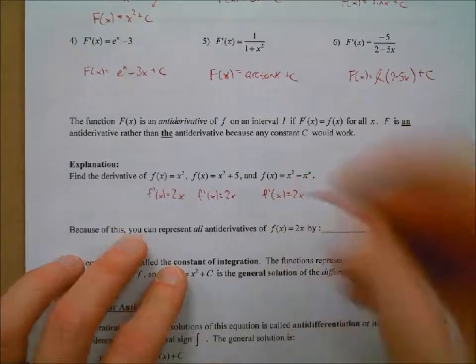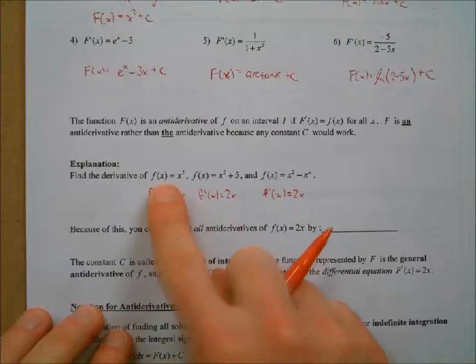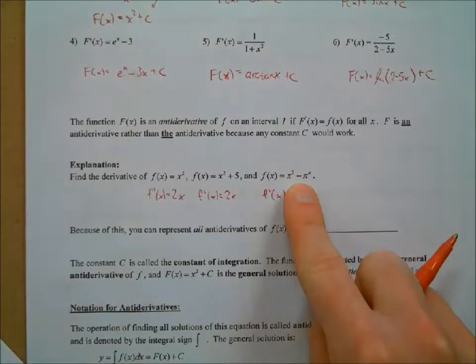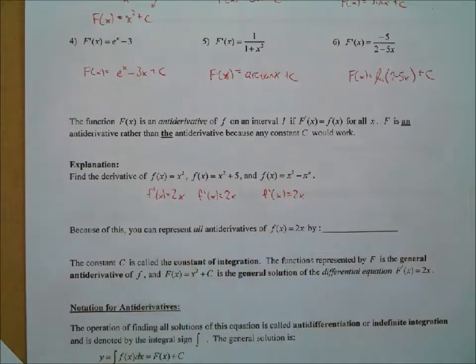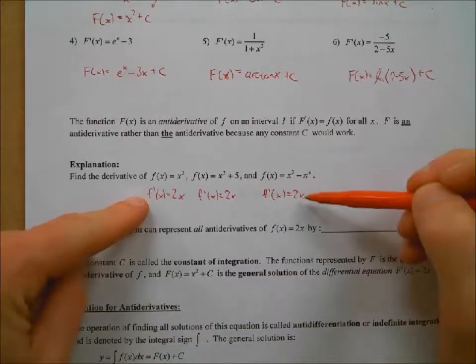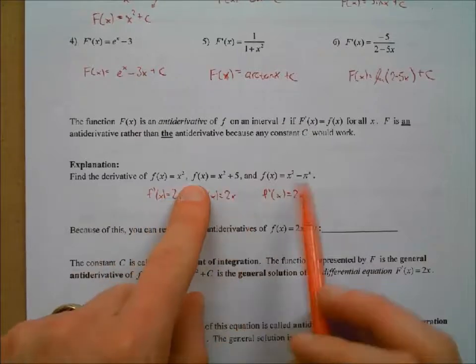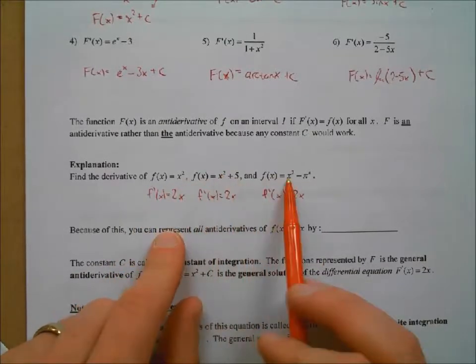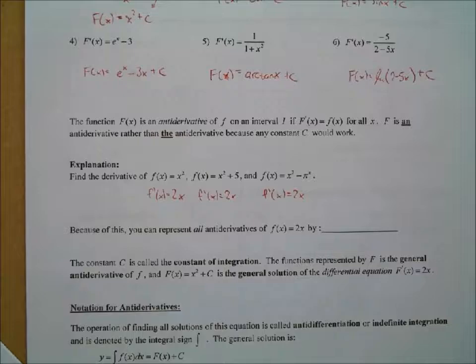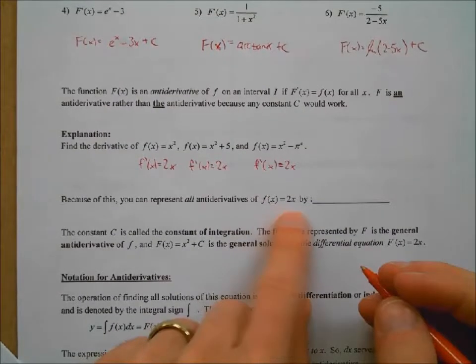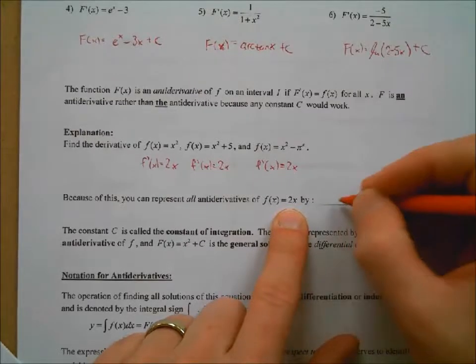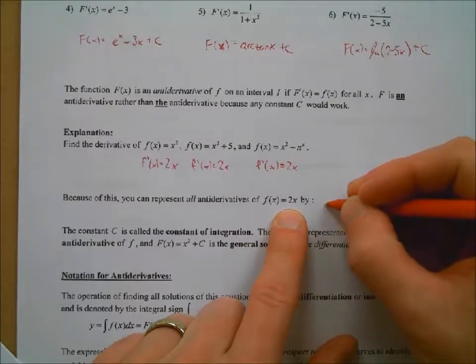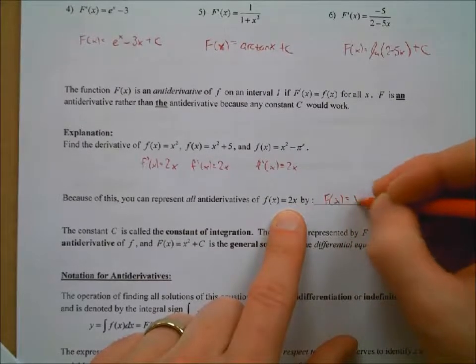So you'll notice that all three of these different functions have the same derivative. But as antiderivatives, they're slightly different. They all have the x squared, but then they have different constants. And so we can represent all of the possible antiderivatives of 2x by saying capital F of x equals x squared plus c.